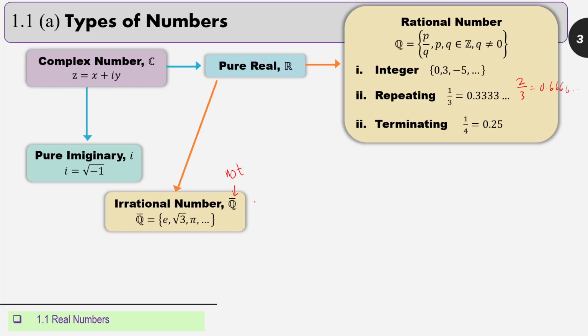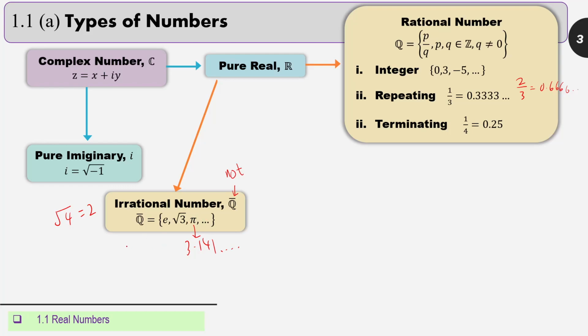Okay, but let's say we have the square root of 4. The square root of 4 is not an irrational number because the square root of 4 equals 2, where 2 is an integer. Now maybe some of you notice pi. Why is pi an irrational number? Pi is actually 3.141 something. During your school time, some of you may have learned about pi.